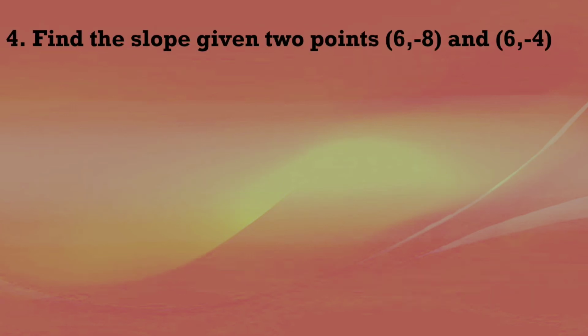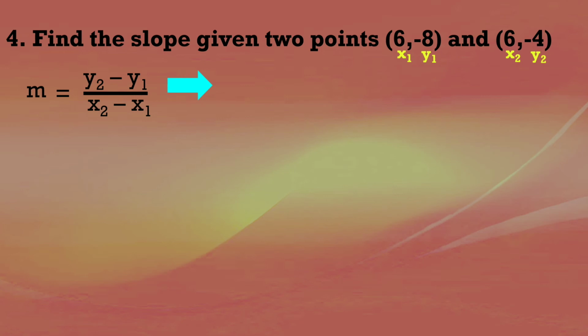Okay, number 4. So, find the slope given 2 points. So, 6, negative 8, and 6, negative 4. So, using the formula, so y sub 2 minus y sub 1 over x sub 2 minus x sub 1. So, x sub 1, 6, x sub 2, 6, y sub 1, negative 8, and y sub 2 is negative 4.